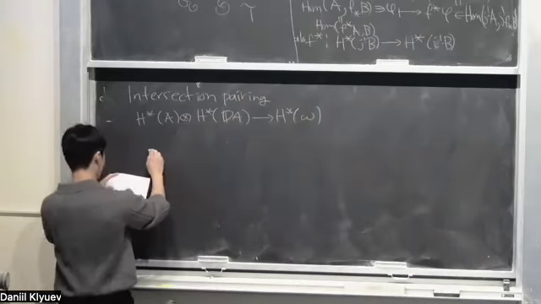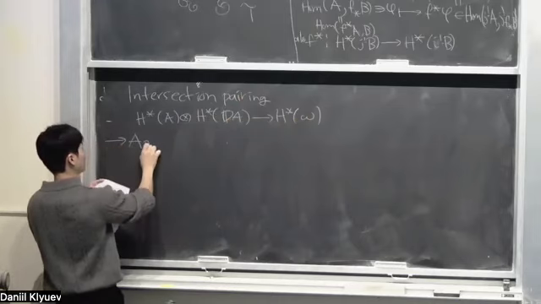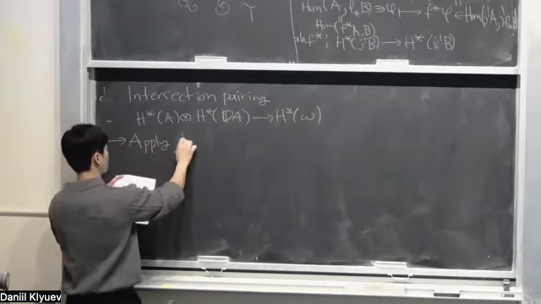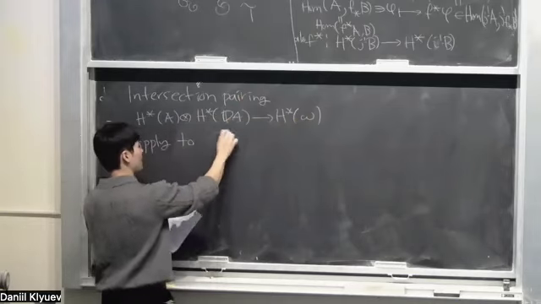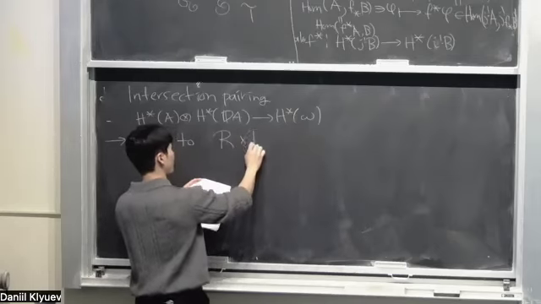So what are we going to do with this? Apply it to this Cartesian square that we had in the left corner of the convolution diagram.